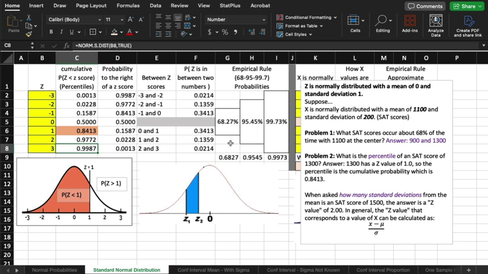So let's talk about the empirical rule. The empirical rule is associated with those values of z that you see in column B there. It gives us the probabilities of being within one standard deviation of the mean, or two standard deviations of the mean, or three standard deviations of the mean. So again, that's in between two values. Basically 68.27% of the time, you are between -1 and +1.